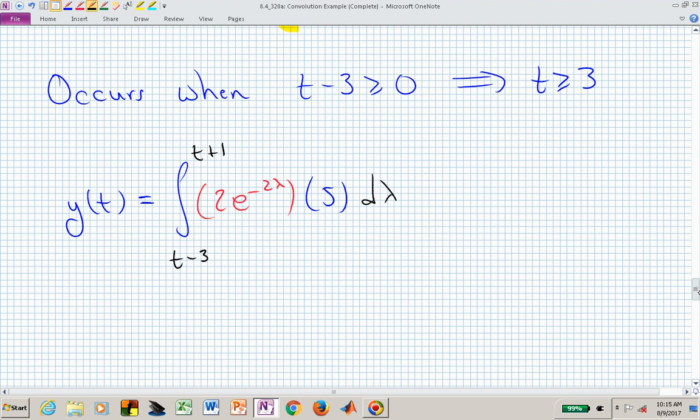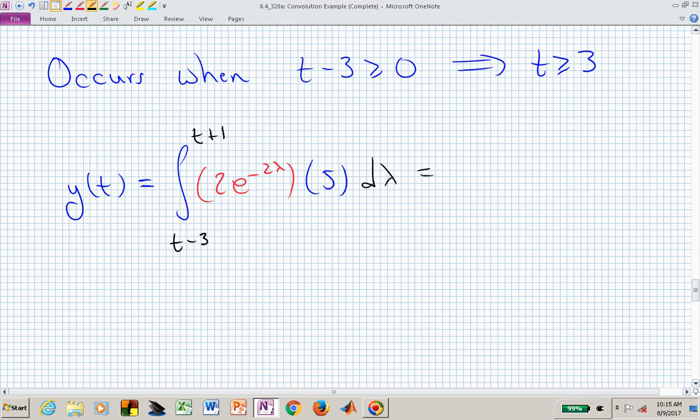Which now allows us to conclude the same thing that we had before. We had 5, 2 over minus 2. The integral hasn't changed at all. It's just the limits of integration. The lower limit is now t minus 3. The upper limit is t plus 1.